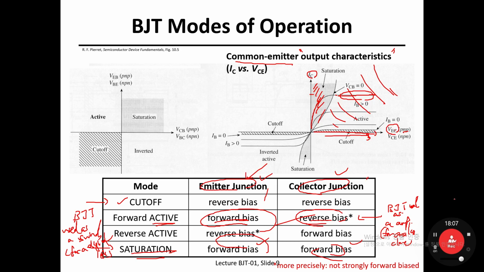It's kind of off and on. However, if you would like to design an amplifier using a BJT device for analog circuits, then one of the junctions, emitter junction or collector junction, should be forward biased, and the other should be reverse biased. Then your BJT can be well used as an amplifier.